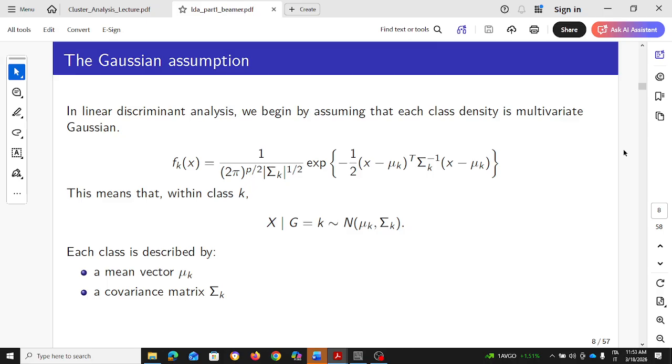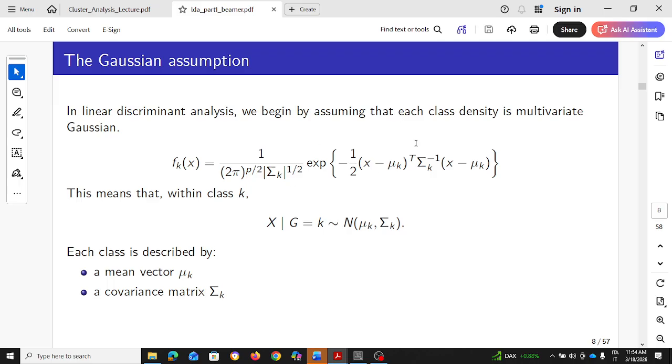So we have the Gaussian assumption for LDA, and that assumption is that each class density is multivariate Gaussian. Each class in our data set has a multivariate Gaussian density, and multivariate Gaussian density is like this. You know it? No. Me neither.